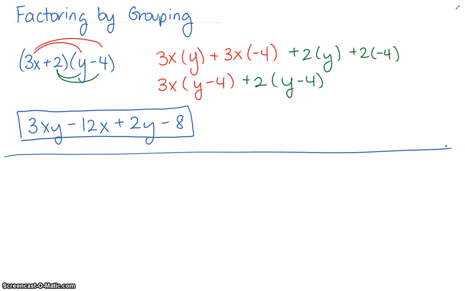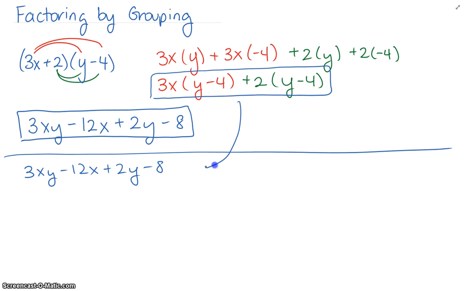Now let's look at how we can work through this backwards. So if we start with 4 terms, and we'll use the same example, we're going to try to look at this format up here and try to convert it into this format. If you notice, it's the first term times the entire bracket, and the second term times the entire bracket.